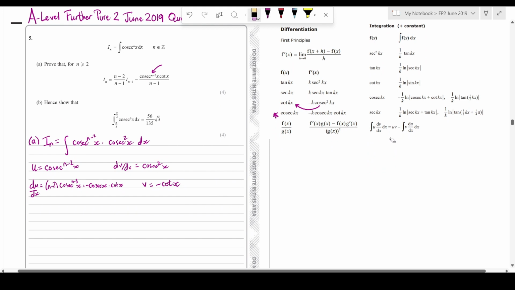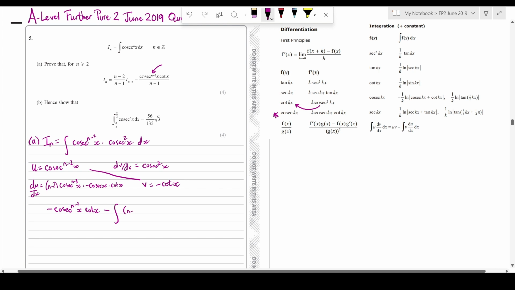Right, now we need to actually apply our integration by parts formula. So we've got uv. I've got minus cosec to the n minus 2 of x times cot of x, which is looking decent because that's the numerator of this expression. And then we need to minus the integral of all this other stuff going together.